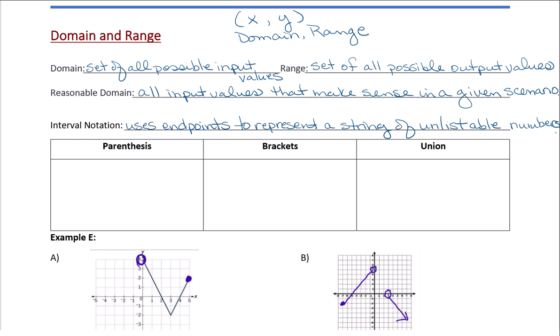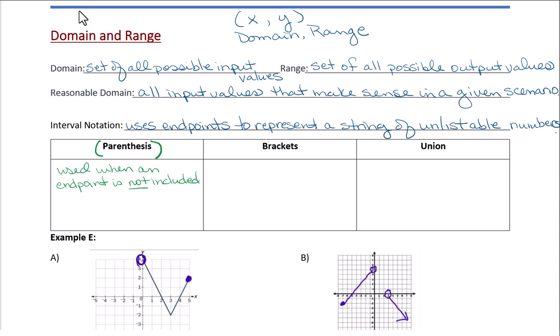Now, for those endpoints, we use certain grouping symbols to represent whether or not those endpoints are actually included in our list. The first grouping symbol is parentheses, looks like this. And this is used when an endpoint is not included.